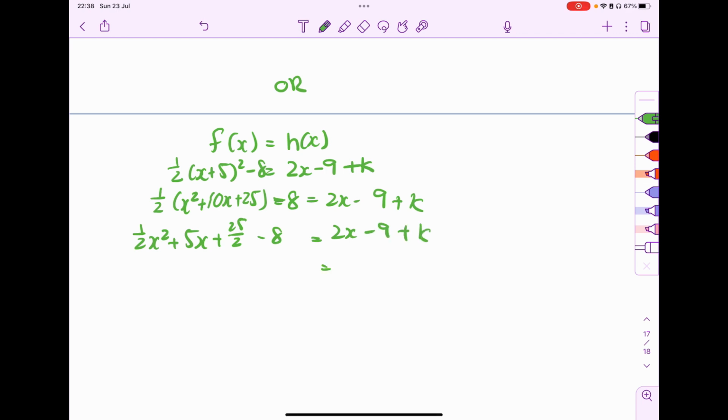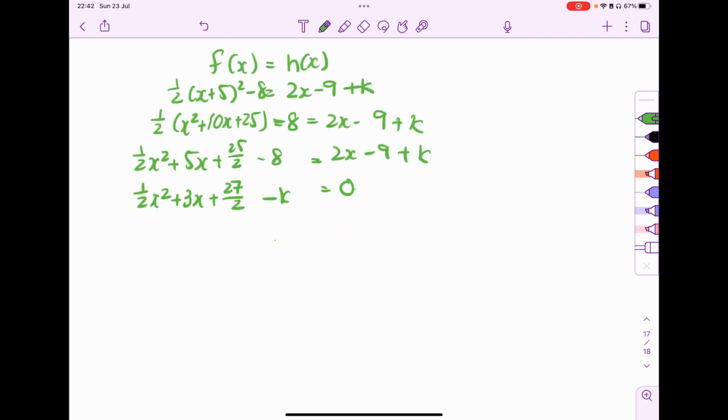Move everything over to one side because it's a quadratic. Okay. Now remember, we're looking at a tangent, therefore we know that it is equal to 0.